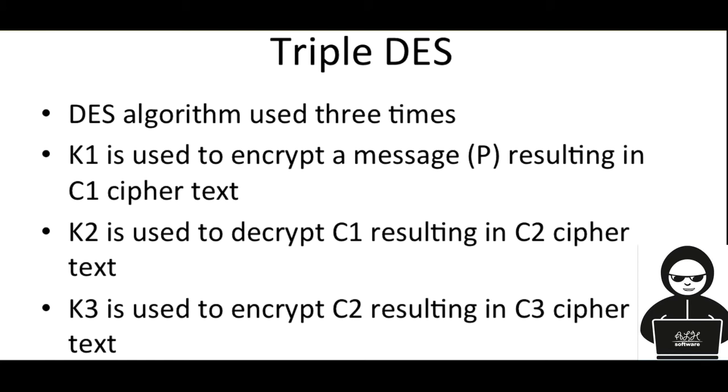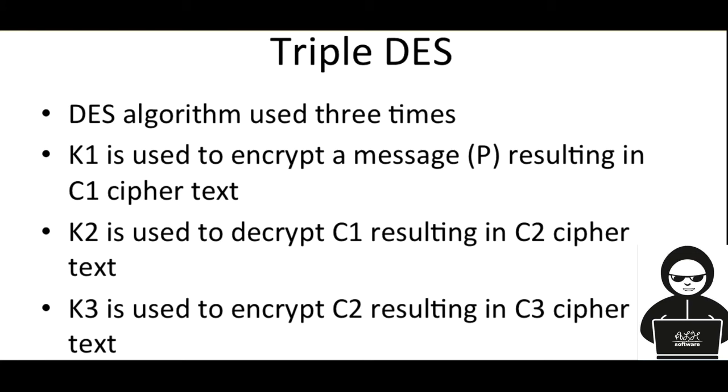Since it's the wrong key, we're not going to get plain text out the other end. What we're going to get is another round of ciphertext, and we'll call that C2. With C2, we're going to apply a third key. We'll call that third key K3, and we're going to encrypt the ciphertext C2, and that's going to result in another round of ciphertext that we'll call C3.